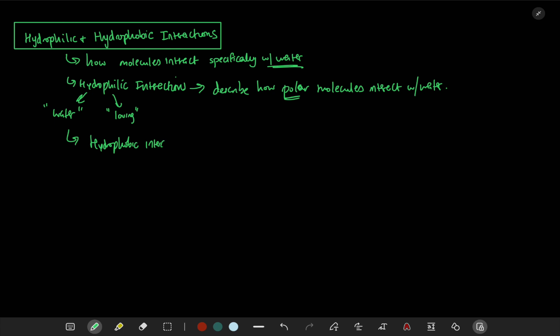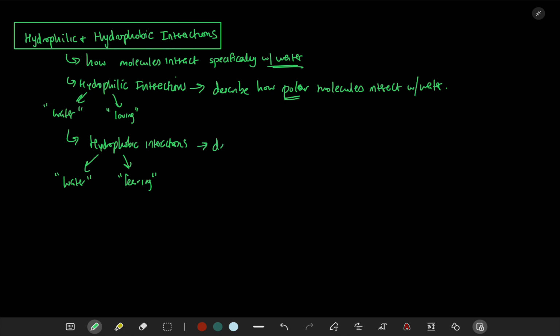If you break down hydrophobic, hydro is again the prefix for water, and phobic is fear, right? So hydrophobic interactions are interactions between water and a molecule that's water fearing.